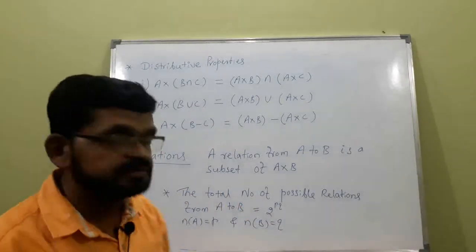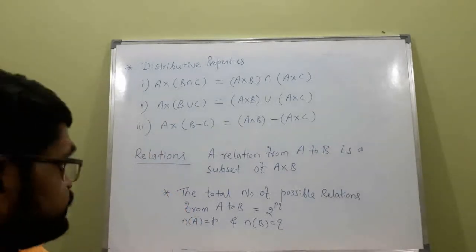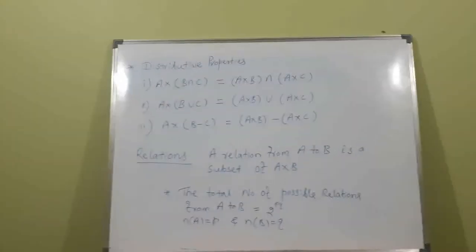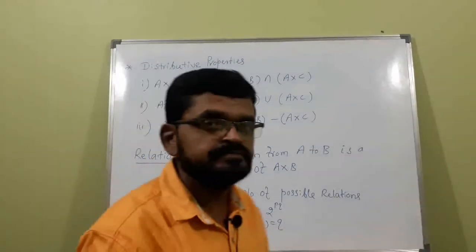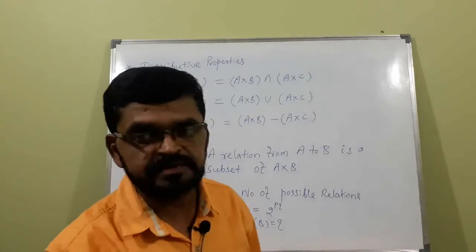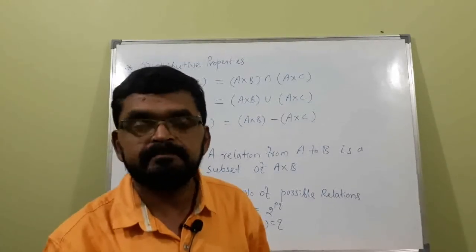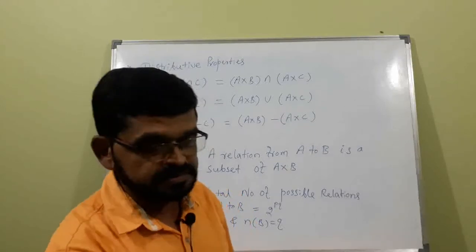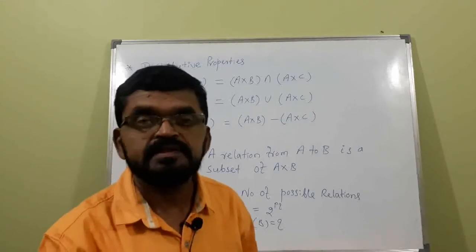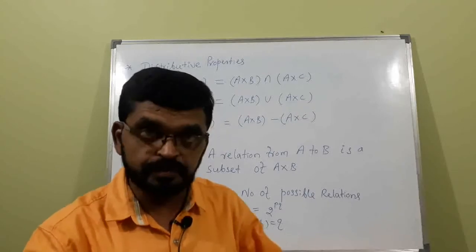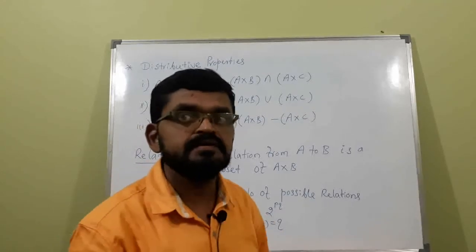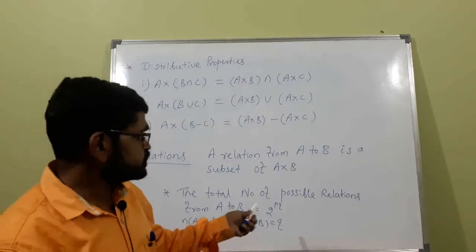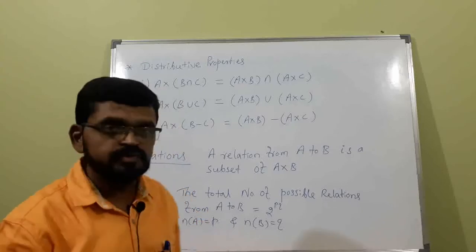Let us consider some examples based on this. In a relation, the set of all the first elements of the ordered pairs corresponds to the domain and the second elements correspond to the range. Okay, you need not go further, just knowing that much is enough.